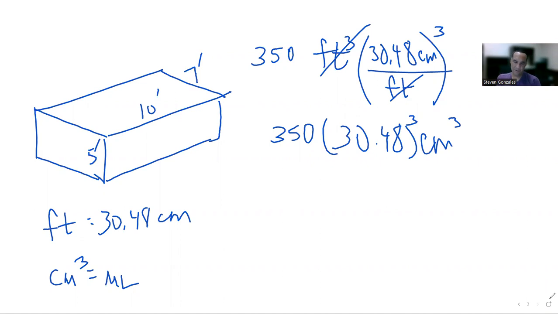According to my calculator, it's 350 times 30.48 to the third power. My calculator gives me a pretty darn big number: 9,910,896. I just went ahead and rounded to the nearest whole.